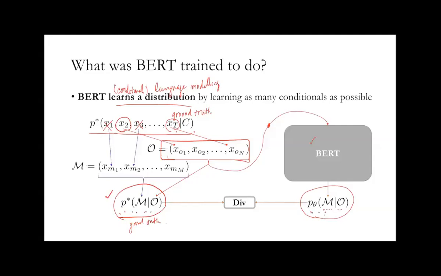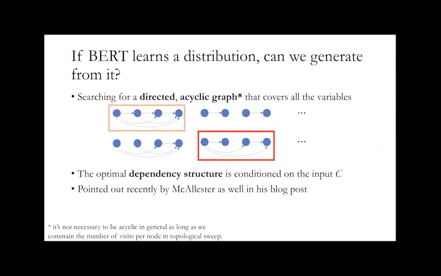BERT needs to figure out what those masked out words are, and we train BERT to predict those masked out words as well as possible by minimizing this divergence. What it means is that because BERT learns a distribution, that is, BERT is a language model, we should start asking ourselves whether we can generate directly from this model.